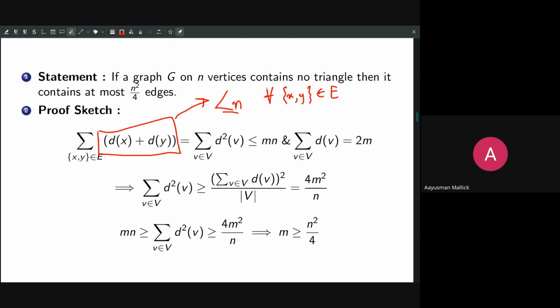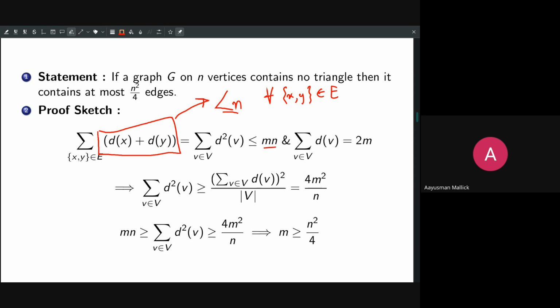Now, if there are m edges, then taking this summation over the edge set gives us the bound mn. And when we consider this summation of degree of x plus degree of y over the edge set, for the vertex x we count all of its edges, so d(x) appears d(x) many times.